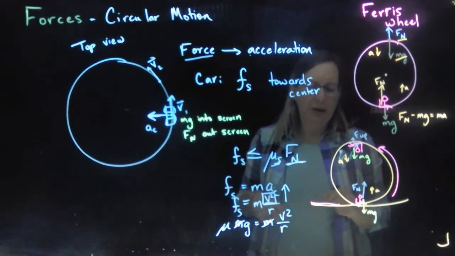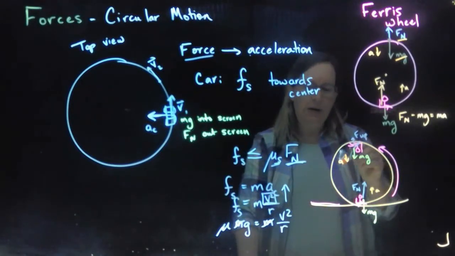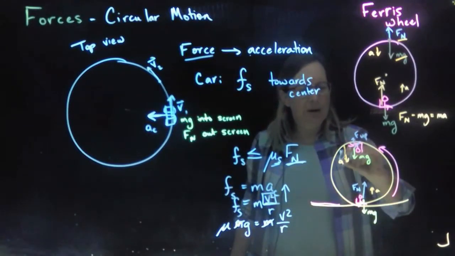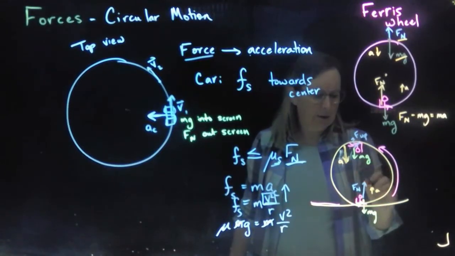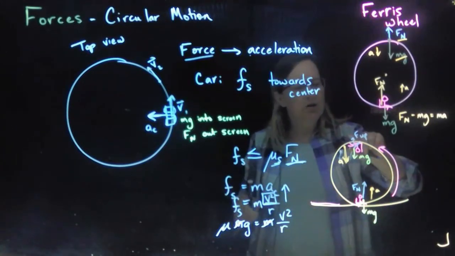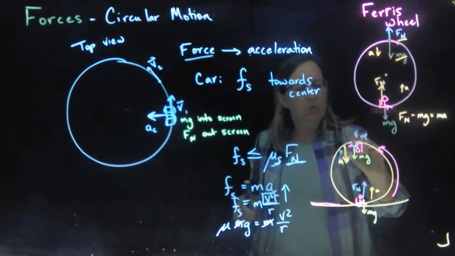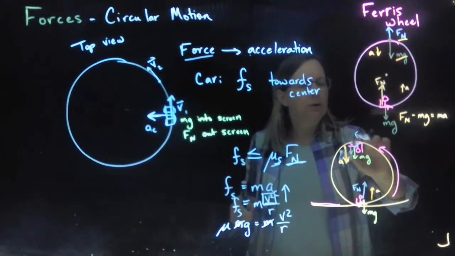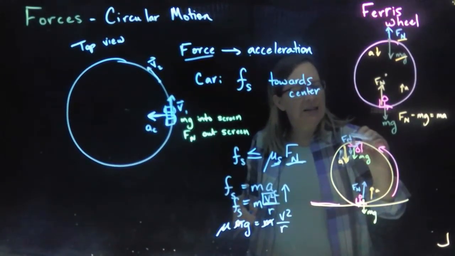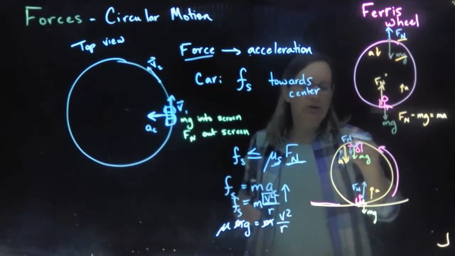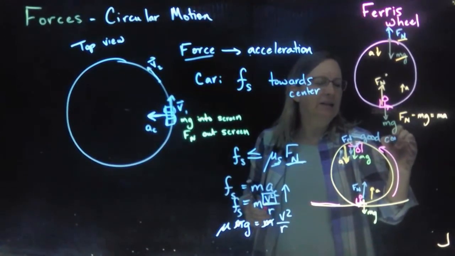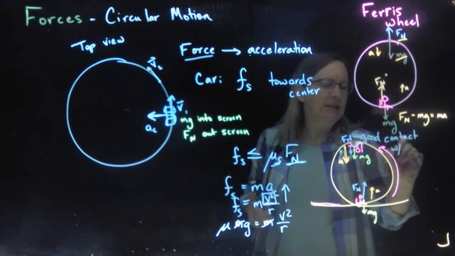It depends on your speed, and therefore your acceleration, a is v squared over r. As your speed gets bigger, if you have a bigger acceleration towards the center, it's a more exciting ride, and this is a better designed roller coaster because now the normal force is the seat pushing on you to provide that acceleration, so you're in good contact with the seat.